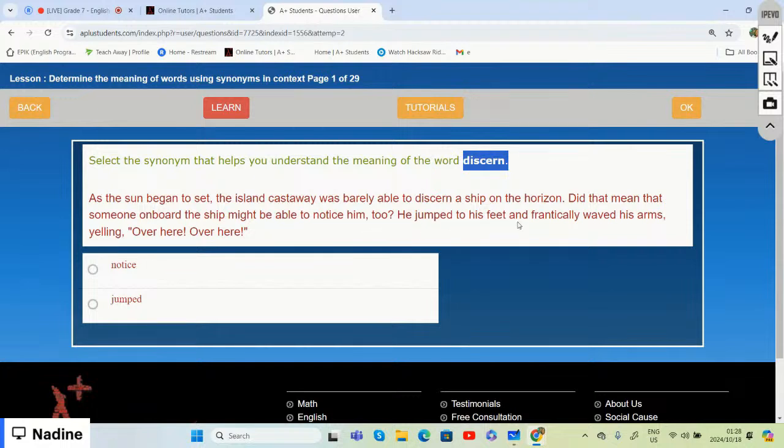He jumped to his feet and frantically waved his arms, yelling, over here, over here. So discern, does it mean to notice or jumped?